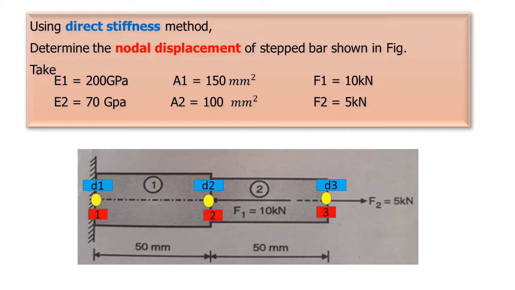There are three nodes, that's why we will be calculating displacement at three nodes, that is D1 displacement at node 1, D2 displacement at node 2 and D3 displacement at node 3.